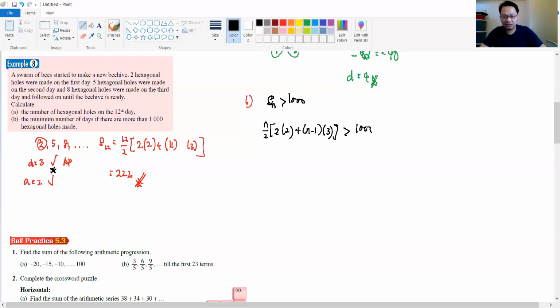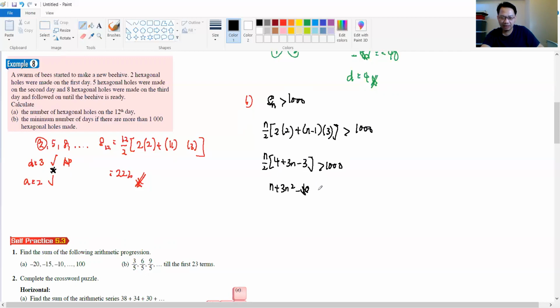Beyond 1000, because it is the minimum, it must be more than. If the question says maximum number, it will be less than. So we expand everything. It is n over 2, 4 plus 3n minus 3, more than 1000. So we expand everything: 4 minus 3 is 1, n plus 3n squared minus 1.